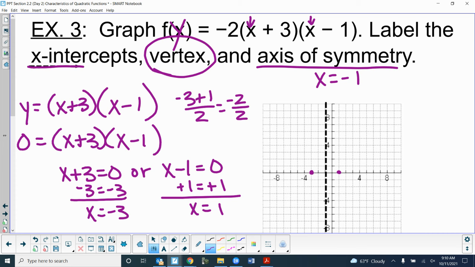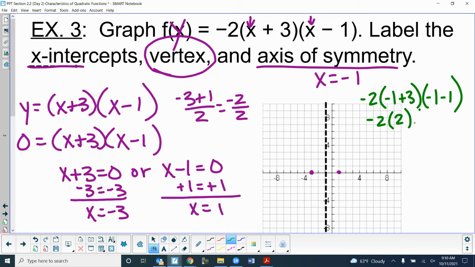Okay? So we'll go negative 2, and then negative 1 plus 3, and negative 1 minus 1. We're putting negative 1, our x value, our axis of symmetry number, into the function. So what's negative 1 plus 3? 2.